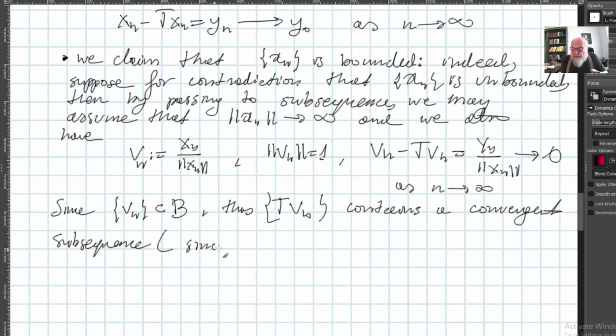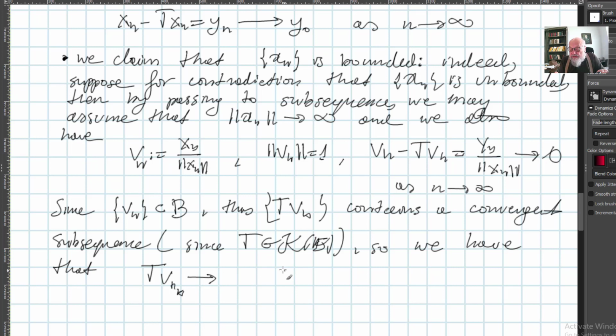And why? Because T is a compact operator. So we have that T V n k is convergent to a certain element, called Y naught.